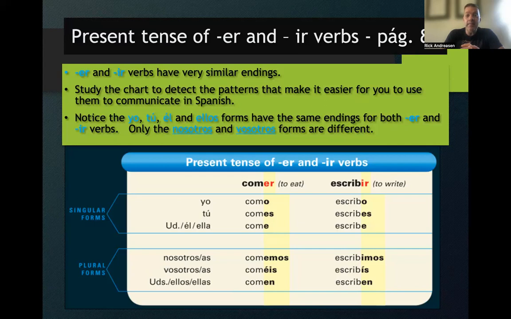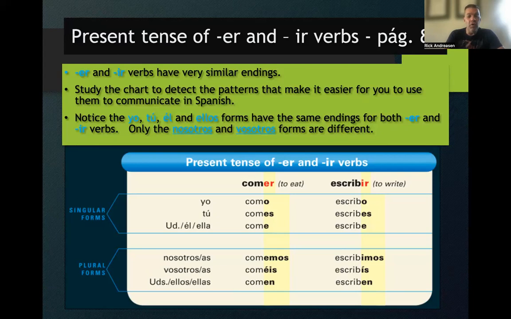Ella escribe. Nosotros escribimos. Vosotros escribís. Vosotras escribís. Ustedes escriben. Ellos escriben. Y ellas escriben.